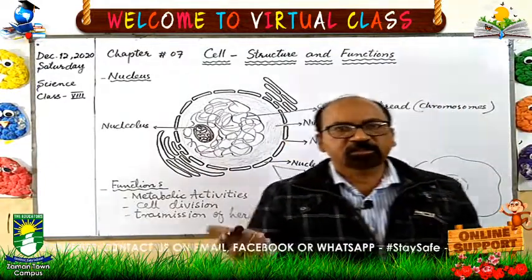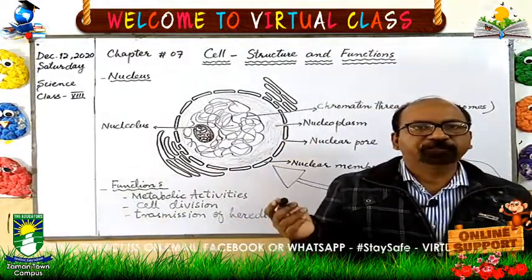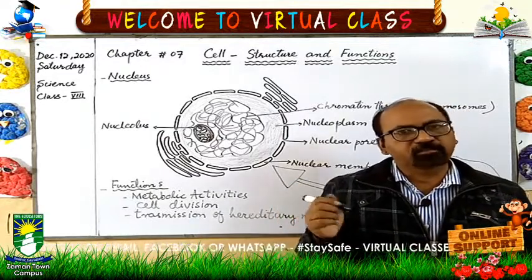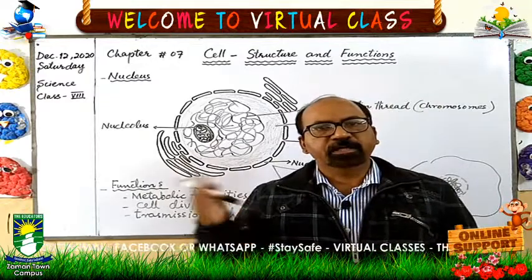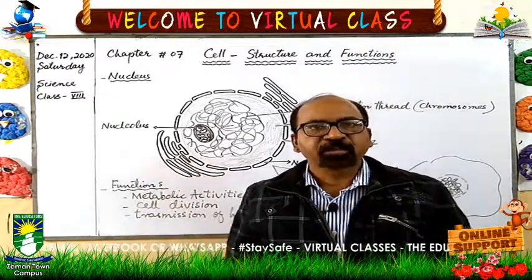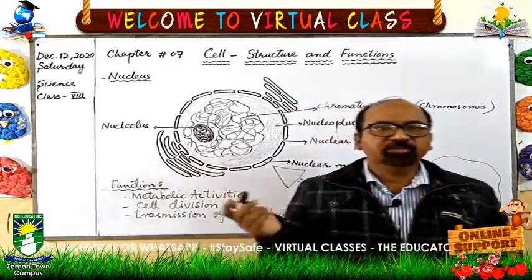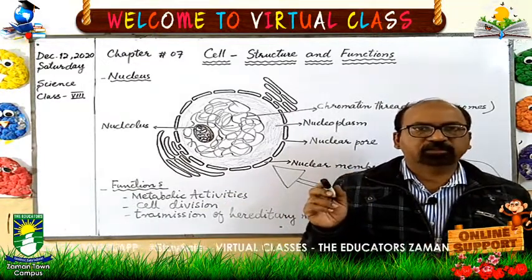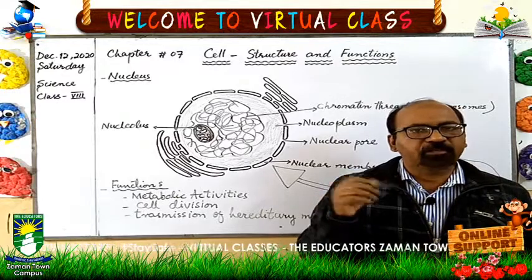We have discussed about the cell, what is a cell, and almost all its organelles in the previous two classes. But today we are going to discuss one most important part of the cell.